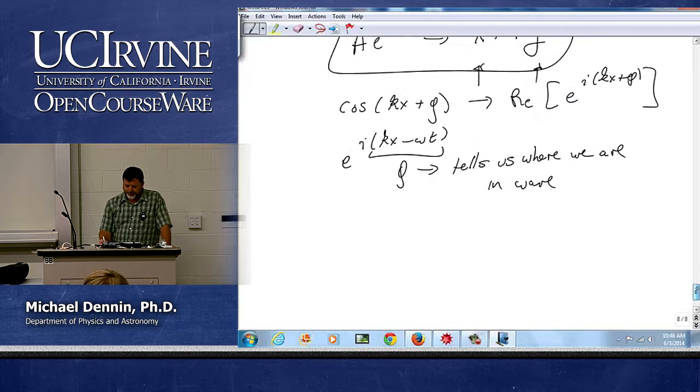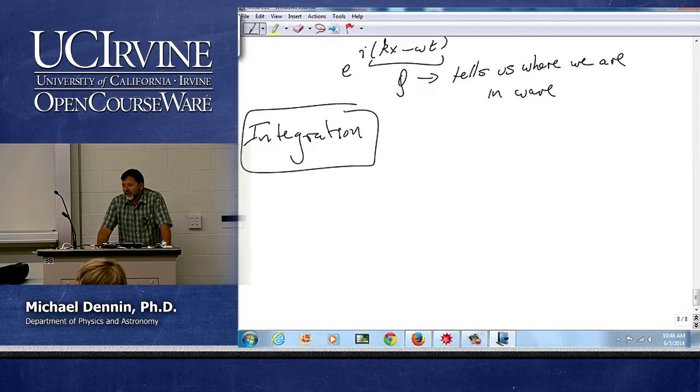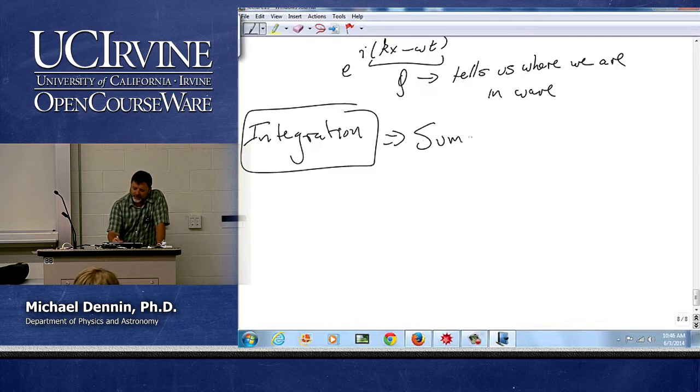The final piece really is understanding how we use integration. And I think this is something that really will only become clear now. But I said before that integration is basically the idea of summing up pieces.